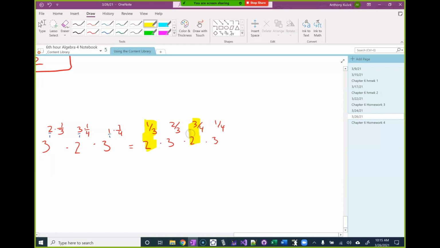So here is a property 1. And here is a property 1.